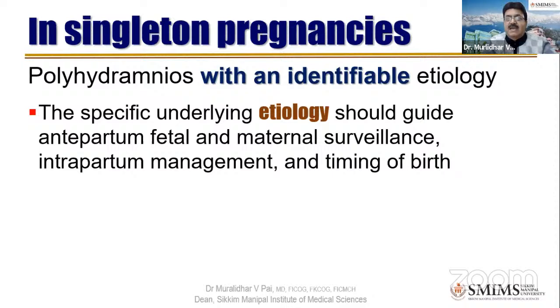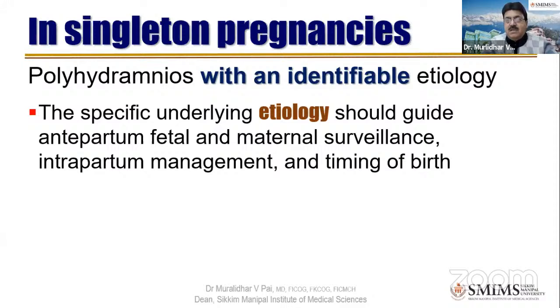Suppose the identifiable cause is diabetes, then the entire management will be surveillance for diabetes, managing the diabetes, etc. Similarly, if the cause is found in the fetus, let's say hydrops fetalis or Rh immunization or whatever it is, the surveillance is towards that.